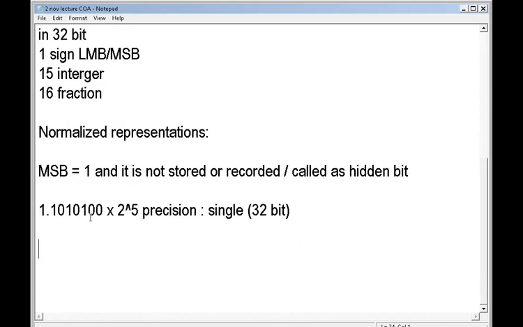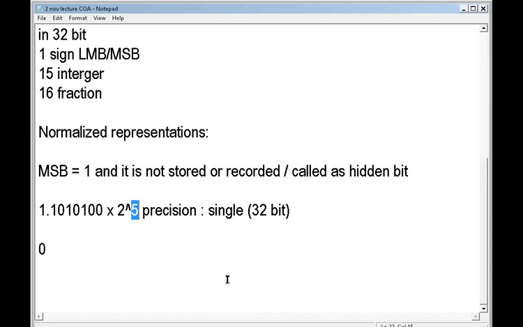Since the number is not negative, because a negative sign is not written, it is a positive number, so 0 is the sign bit. Now see, 5 is the exponent over the radix 2, because in the binary system the radix or base is 2. Now you recall that I told you that in single precision representation, we have to store our exponent in excess 127 form.